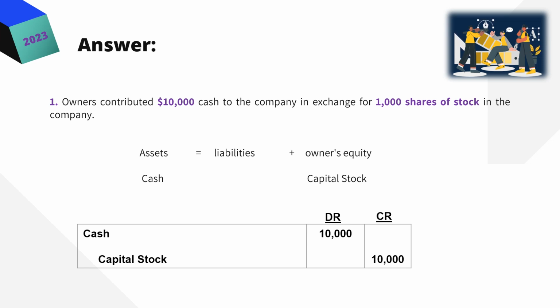But from the business's standpoint, as a separate entity, the business is receiving cash and not selling an asset. They are simply receiving cash, receiving it in the form of a contribution for which they are providing ownership rights. That's referred to as capital stock.